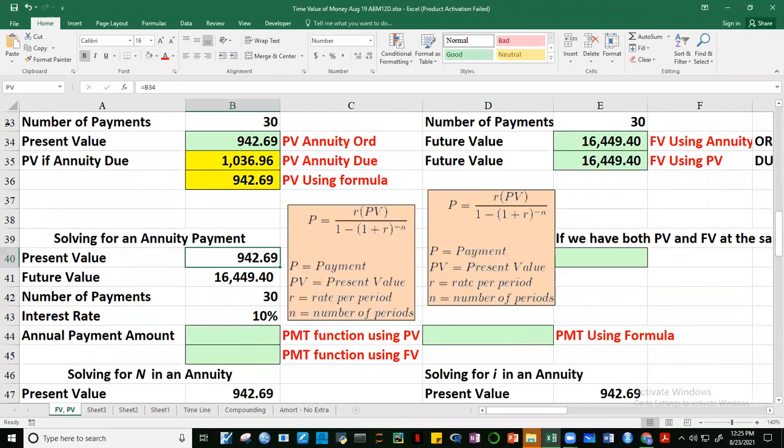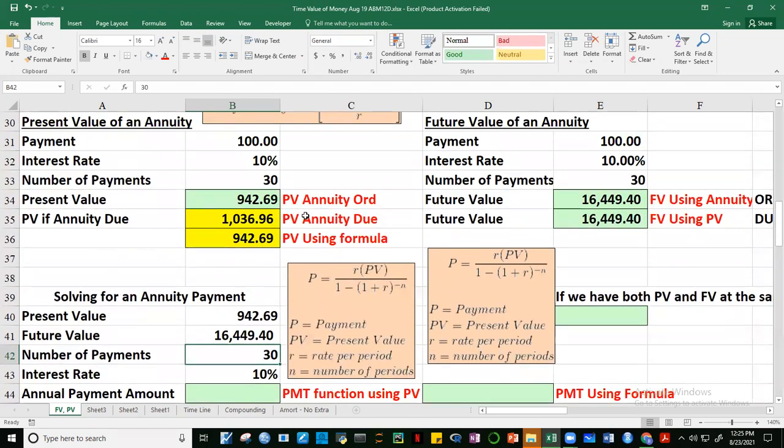Ito binigyan natin, guys, ang pangalan, no? PV. Okay, we gave it a name PV. Ito bigyan din natin ang pangalan. So let's write here FV. Okay, notice may mga pangalan to.